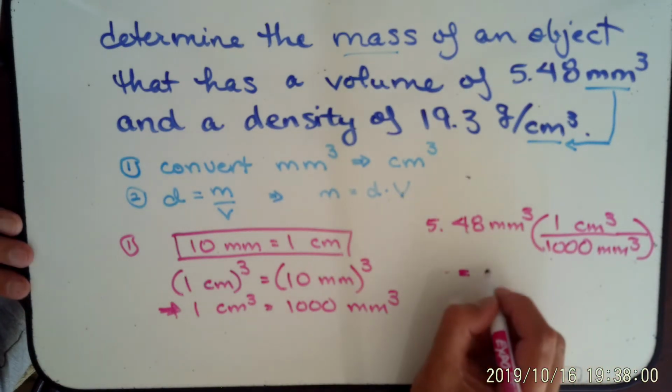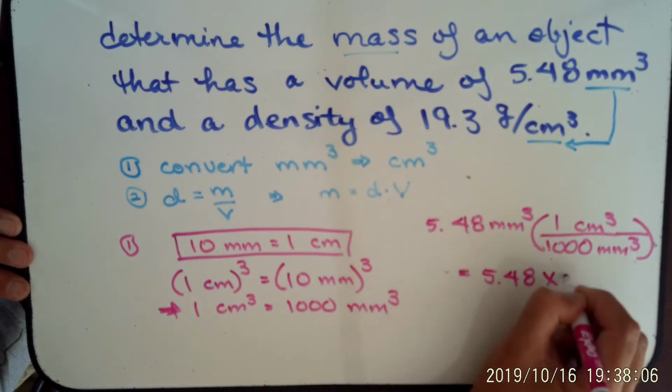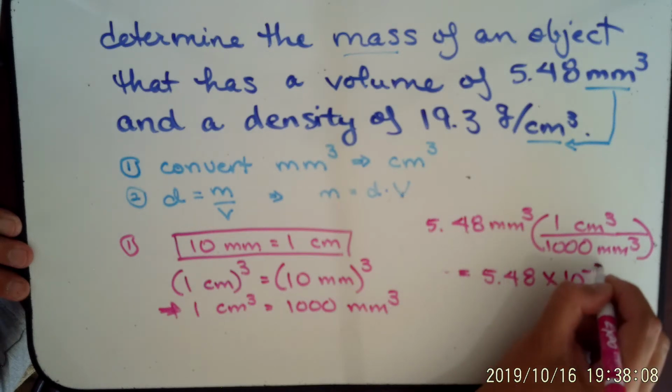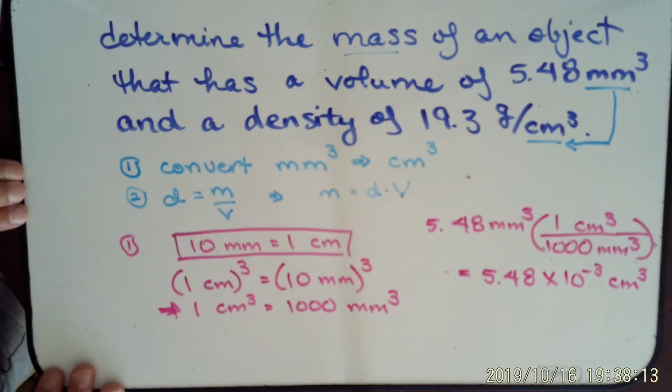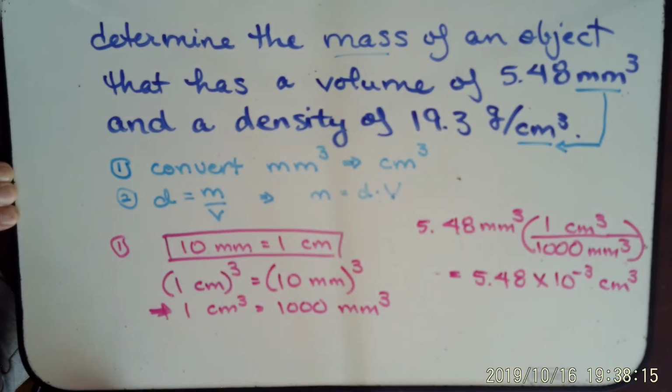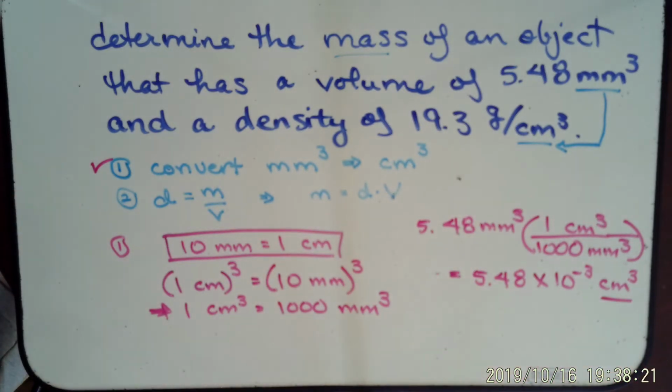Then we know it's going to be equal to 5.48 times 10 to the minus 3 cubic centimeters. Okay, so now we finished step 1. We have our volume and it's in cubic centimeters. So now let's work on step 2.